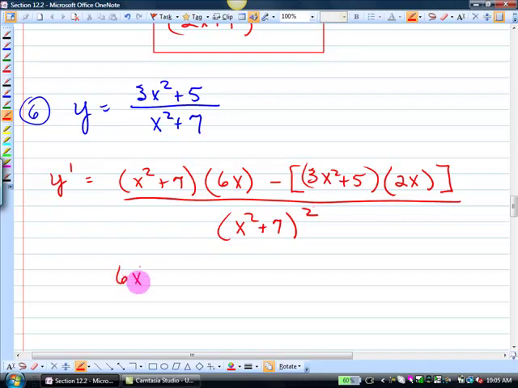We have 6x cubed plus 42x minus 6x cubed plus 10x.